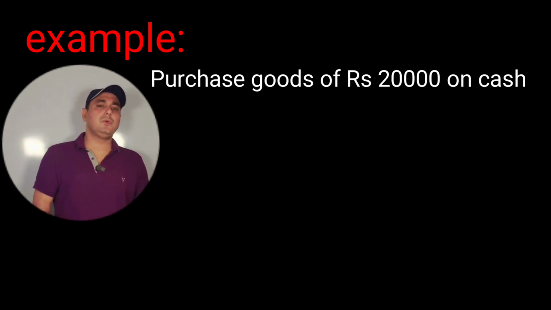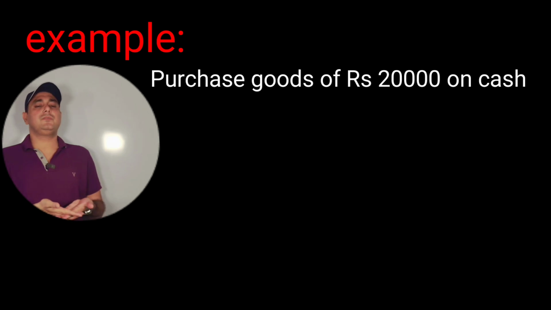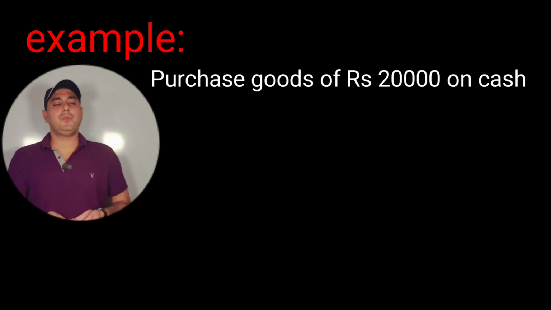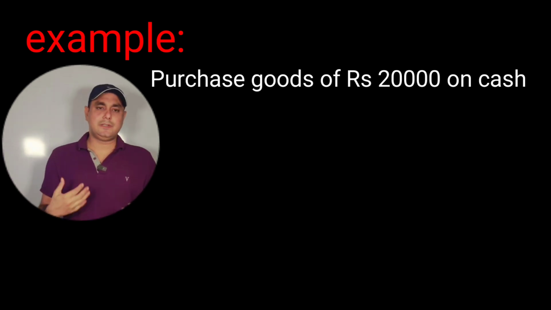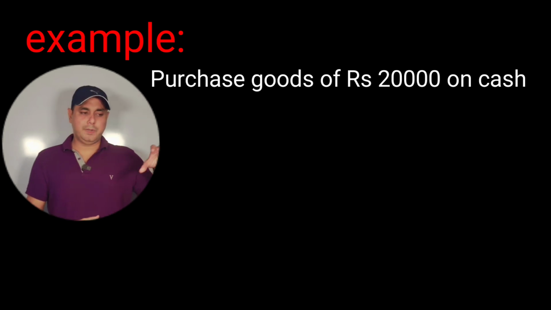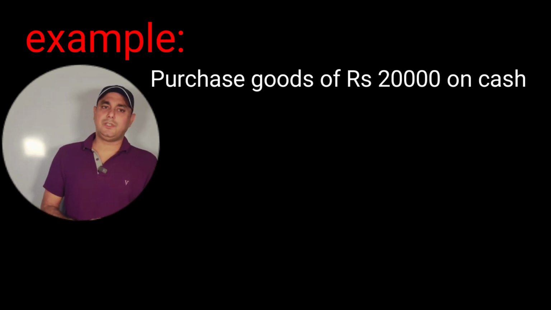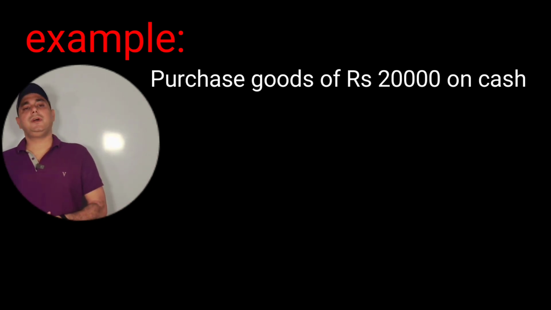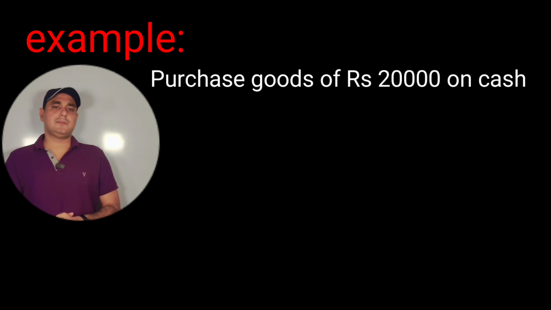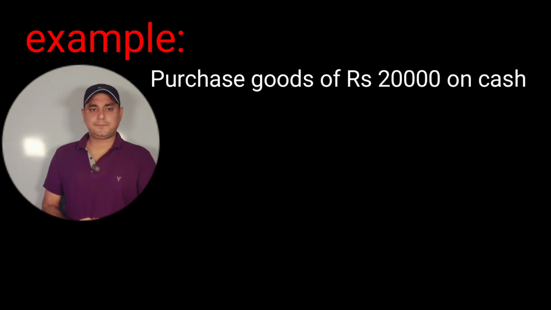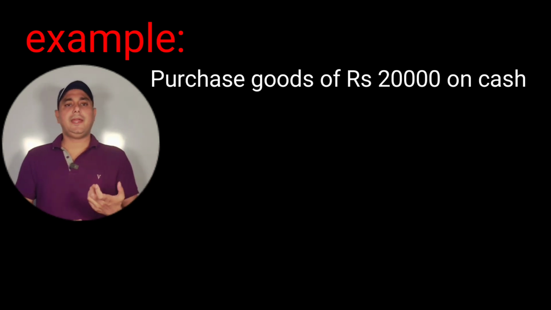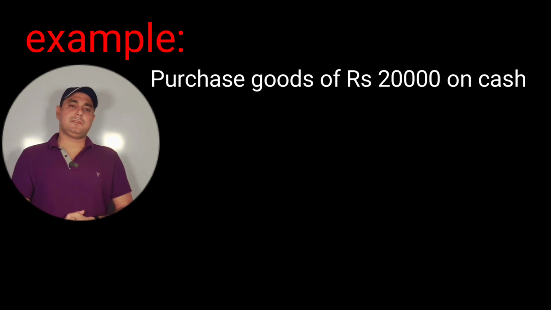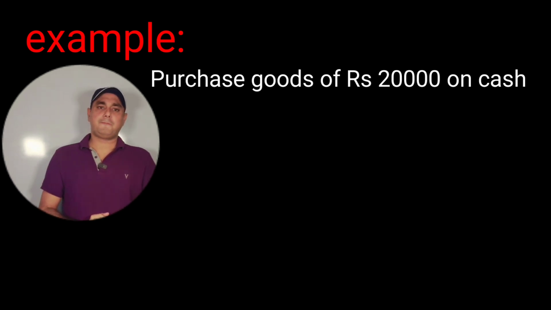When you buy goods on cash of rupees, say for example 20,000, what will you record? This is a transaction: you purchase goods on cash of rupees 20,000. You need to first identify two aspects of this transaction.